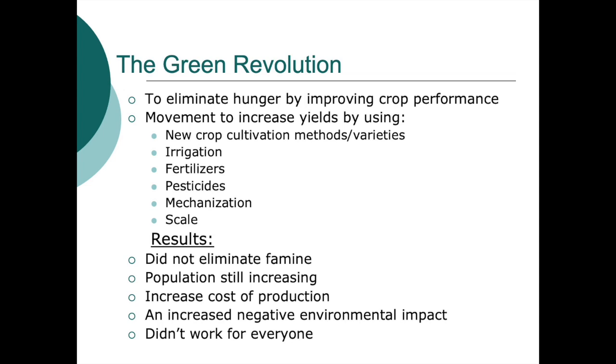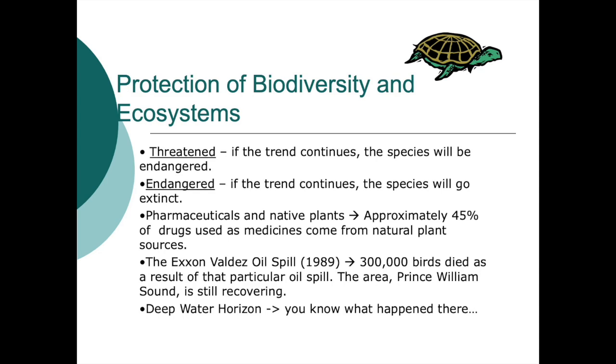It's costing more and more to produce the food. It has a severely negative environmental impact. And what it's caused is a conglomeration of farms. The small farmer, the small 150, 200 acre farmer, is an endangered species. Most of these are conglomerates.